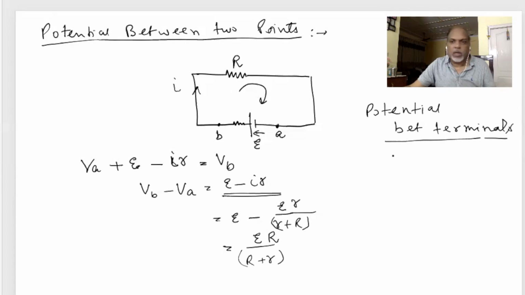If internal resistance is not there, meaning the battery is ideal, then naturally V will be equal to E, because r will be 0 and VA minus VB will be nothing but E. But if it is real, then the potential between the terminals will be EMF E minus I into r.